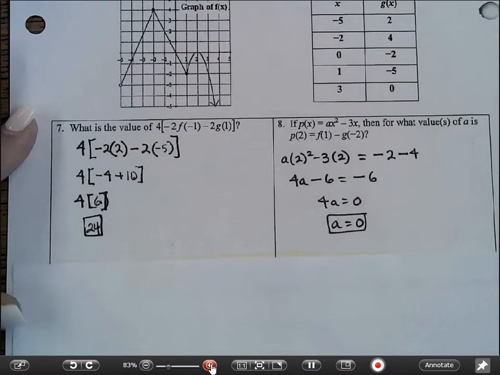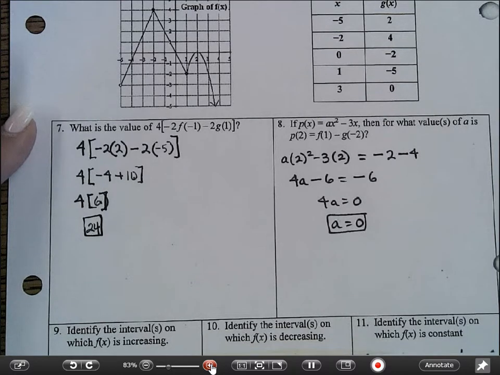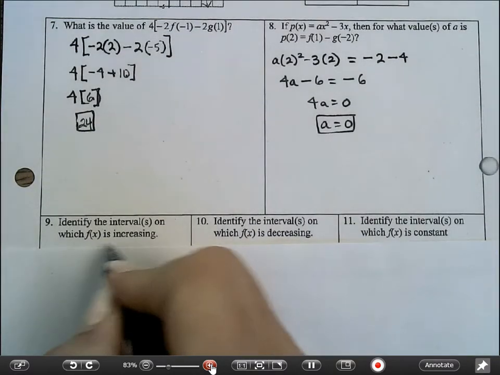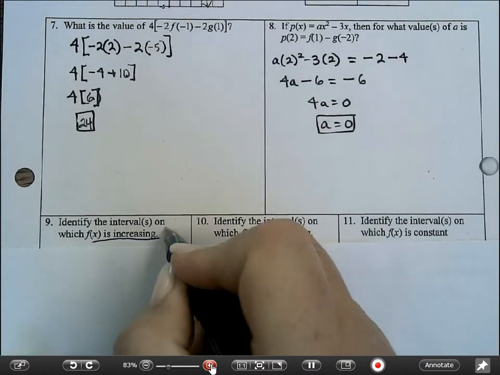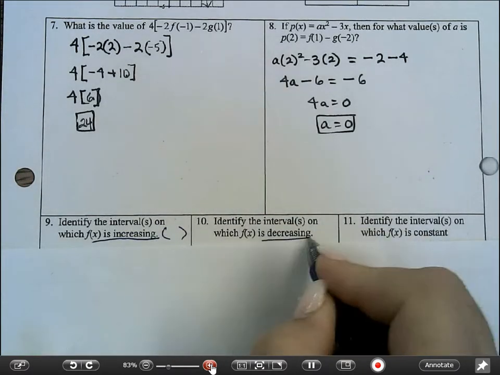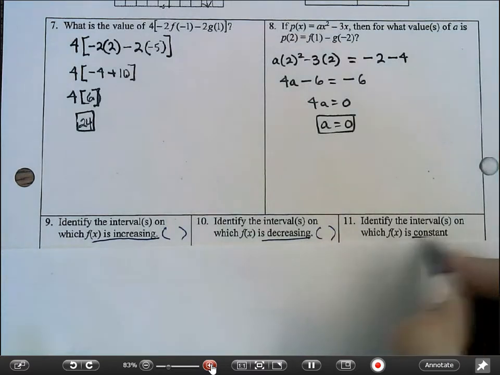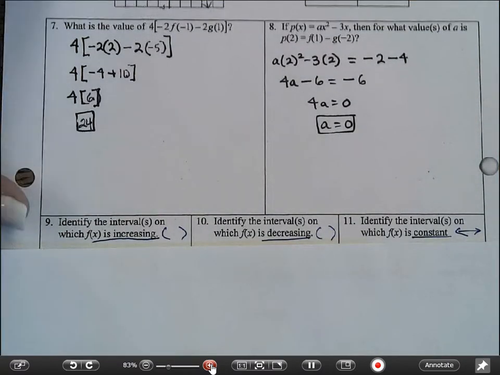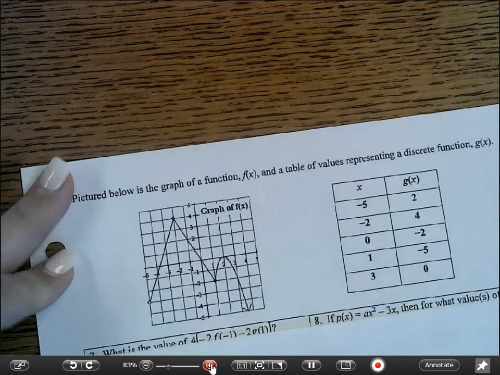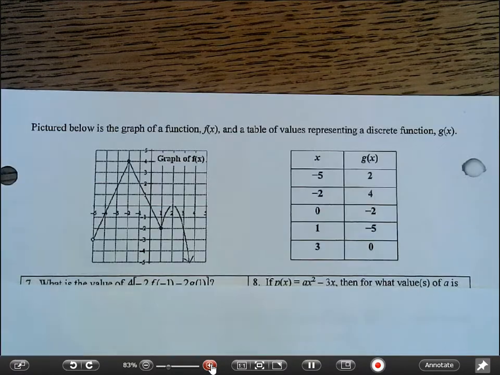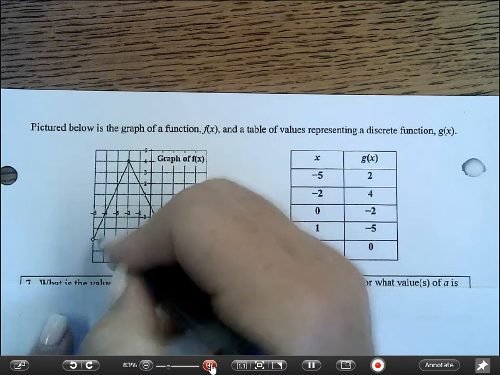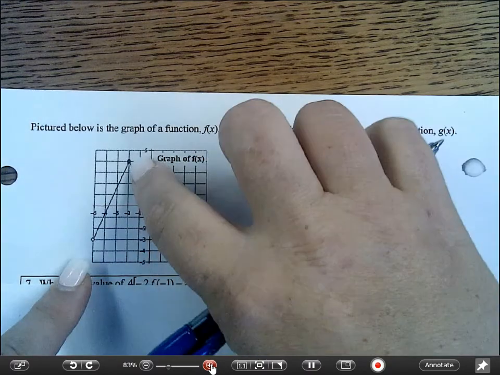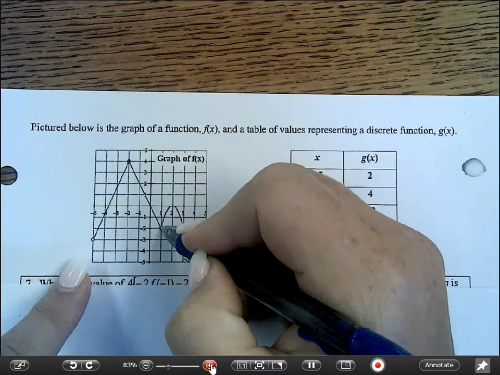All right, so now this is very important. Again, we are identifying the intervals on which the graph is increasing. Remember parentheses, and then we've got decreasing, parentheses, and then constant, which is that horizontal line. So if I take a look at increasing, my increasing is going to be from -5 all the way up to 4, also from here to here.